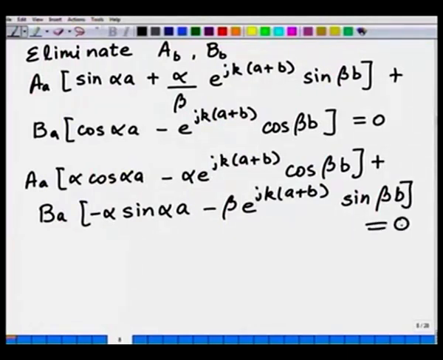Now, instead of 4, I have 2 homogeneous equations in 2 unknowns, A_A and B_A.